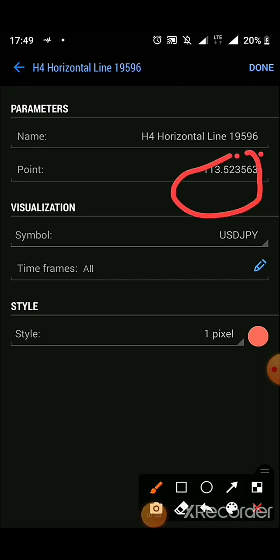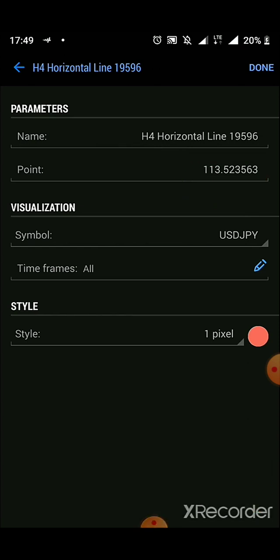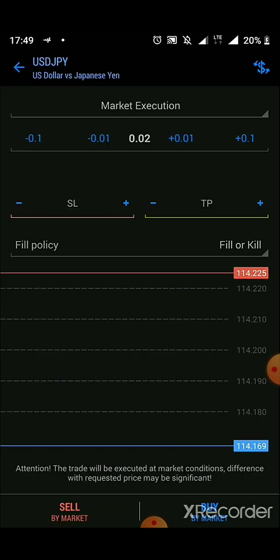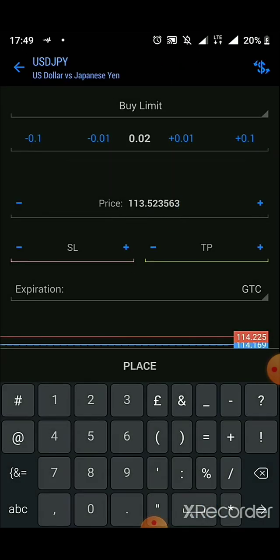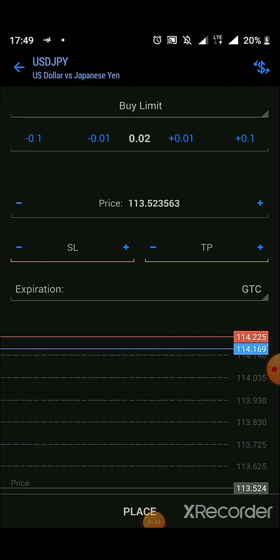So this particular rectangular line is drawn at this price, not the current price, sorry. So you copy that, then you go to your buy limit, then you paste it. Then you can now set your corresponding stop loss or take profit. So that's all for placing a buy limit.